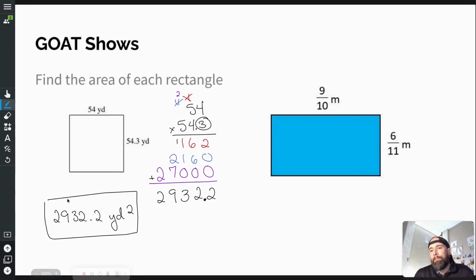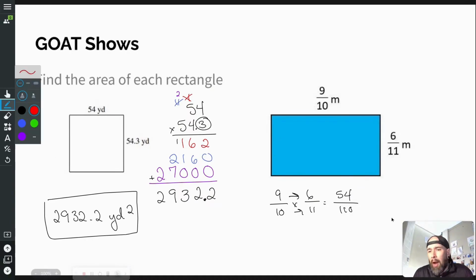Okay. All right. Remember, when you multiply fractions, you multiply straight across the numerator, straight across the denominator. All right, so 9 times 6 is 54. 10 times 11 is 110. Looks like I can divide them both by 2.